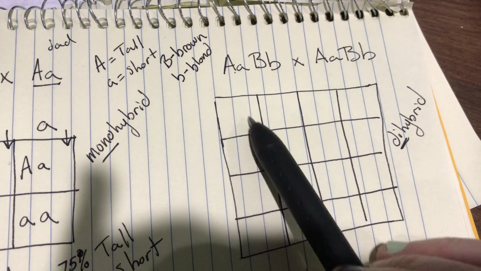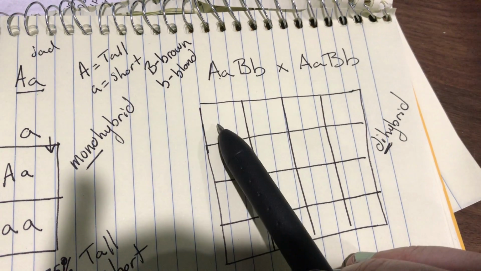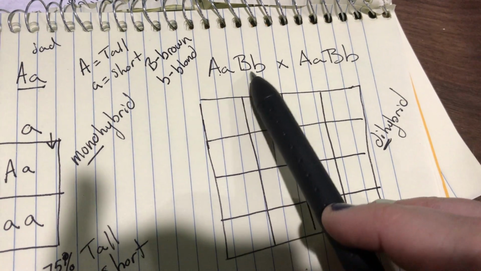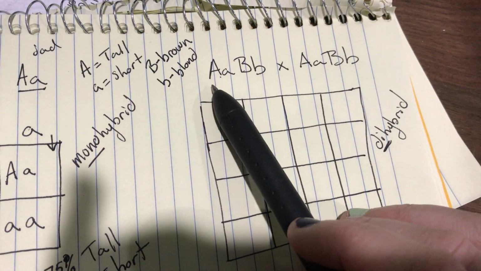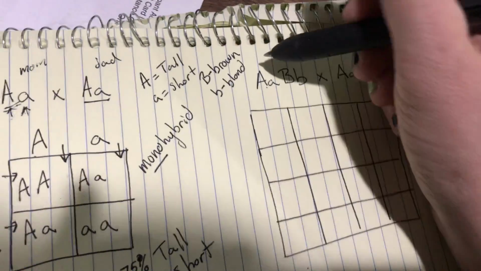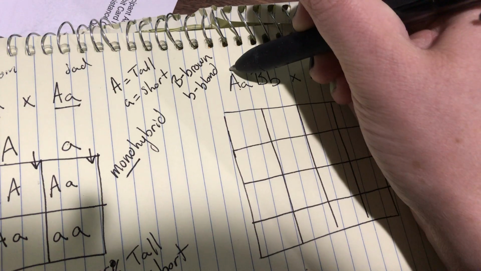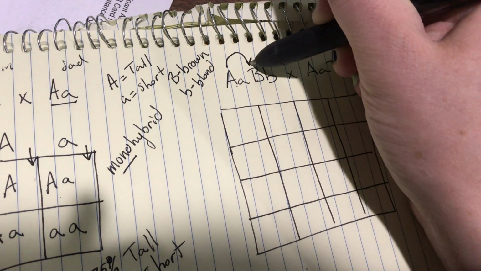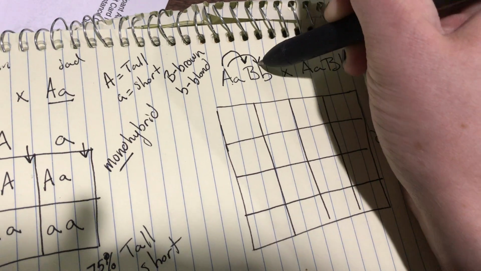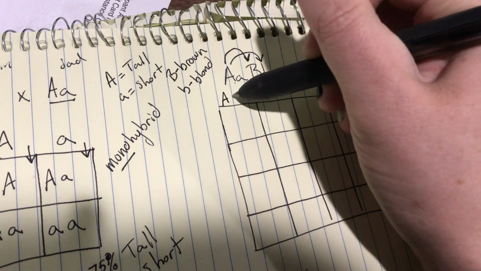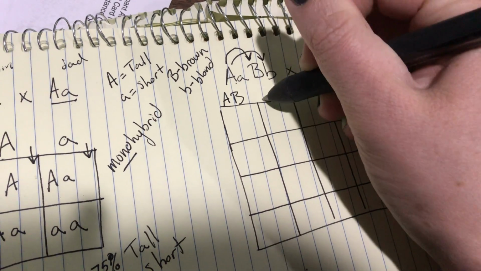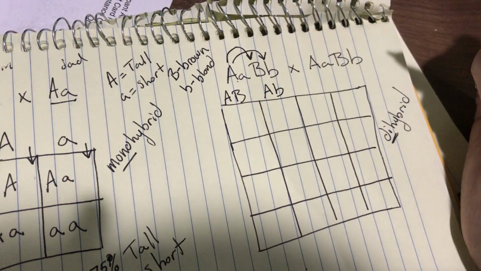Now in each box, you're going to want to have some variation of these four letters: two A's and two B's. So an easy way to think about this is we're going to match up this capital A with this B, and then with this b. So it'd be capital A, capital B, capital A, lowercase b.